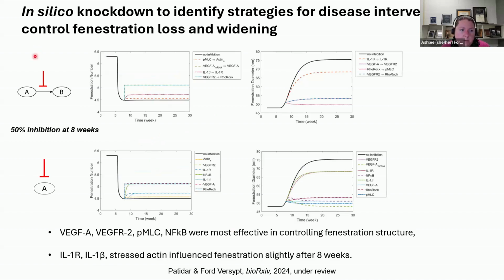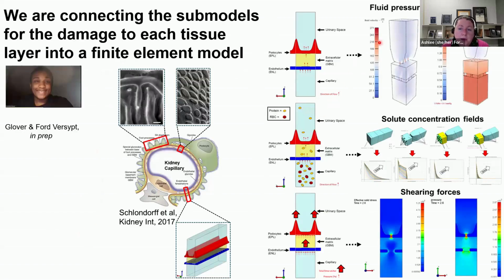For the sake of time, I'll skip over this, but we have lots of ways in silico that we can think through potential therapeutics. And then we're working now on trying to combine some of these submodels in Nick's work. So using a finite element, this is showing things in FEBio.